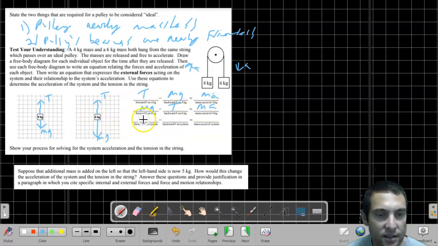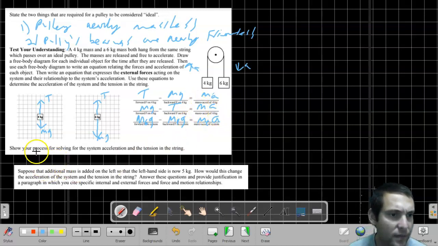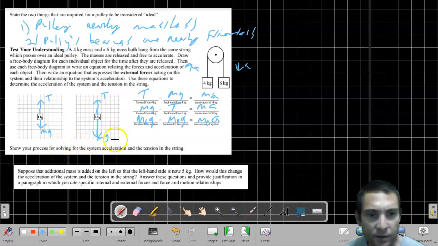For the entire system, mass of the 6 kilogram times acceleration due to gravity minus mass of the 4 kilogram times acceleration due to gravity equals total mass times the total acceleration. Show your process for solving for the system's acceleration and the tension in the string.